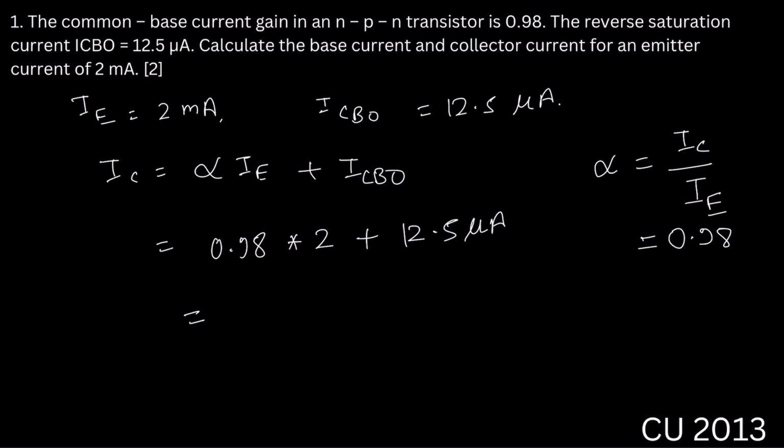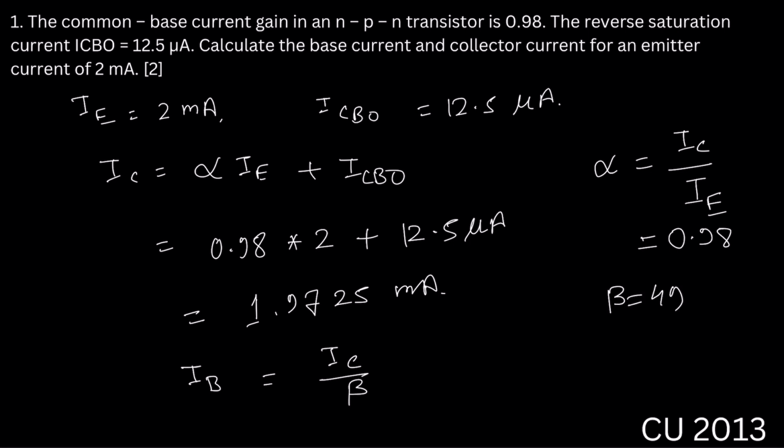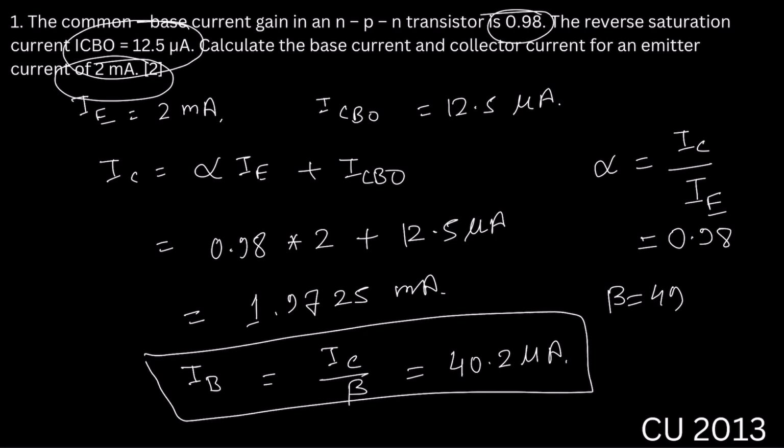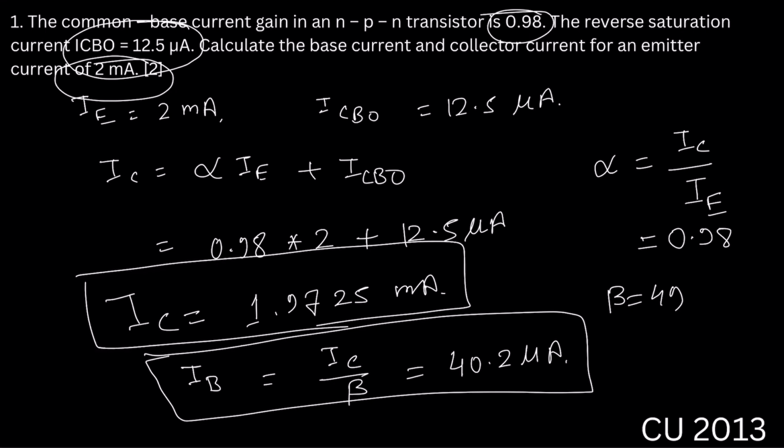From here I can write down IC will be 1.9725 milliampere. Okay, and they need to know the value of IB. So IB will be IC by beta, and I already calculated beta is 49, right? So IB will be 40.2 microampere. Okay, so if alpha is 0.98 and IE is 2 milliampere and ICBO is 12.5 microampere, then we will get IB will be 40 microampere and IC will be 1.9725 milliampere.